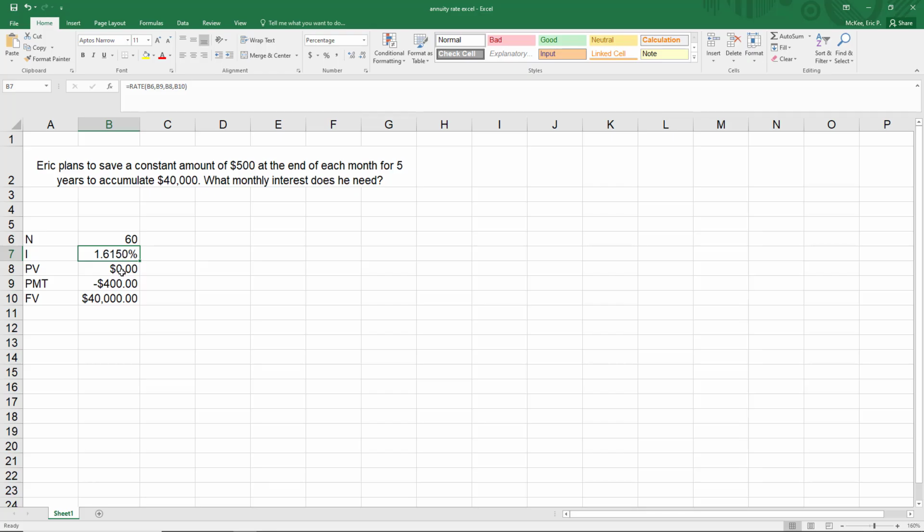Payments were per month, so we get a monthly interest rate. If, say, your question asked for what's the annual interest rate, I would need to find the monthly interest rate like we just did here, and then do an interest rate conversion. So be careful, always read those questions carefully. Not doing that is a very common source of mistakes.